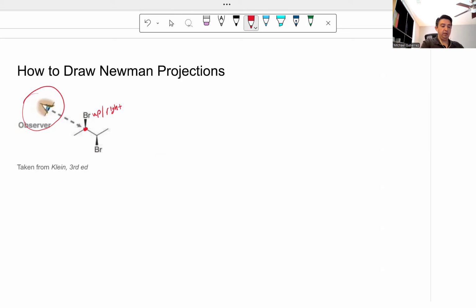Now you say, what about the hydrogen? I'm going to draw the hydrogen in here. So that bromine would be up and to the right, and that hydrogen would be up and to the left.